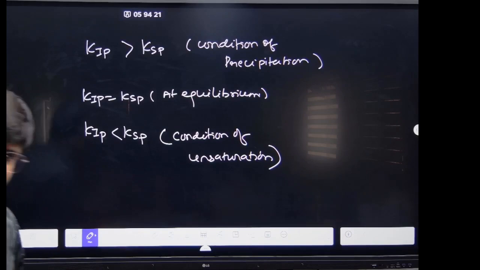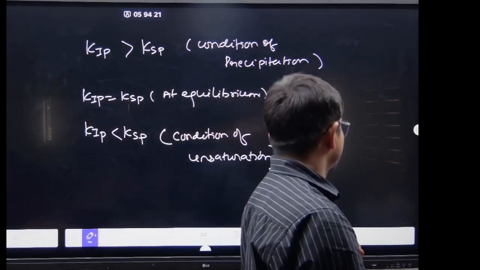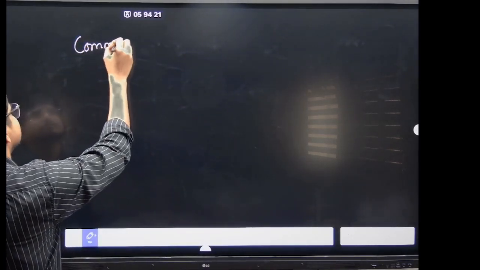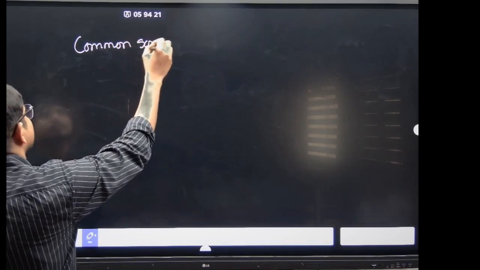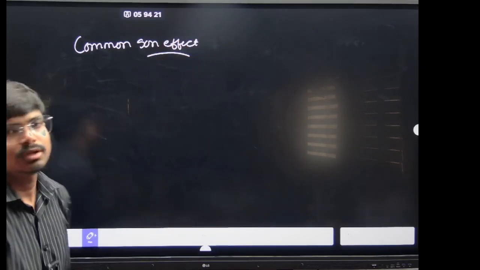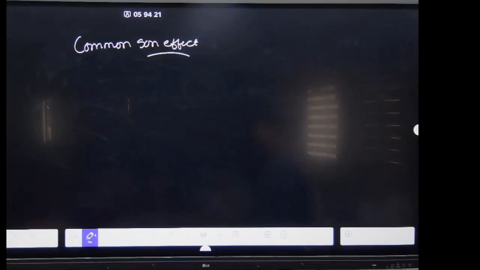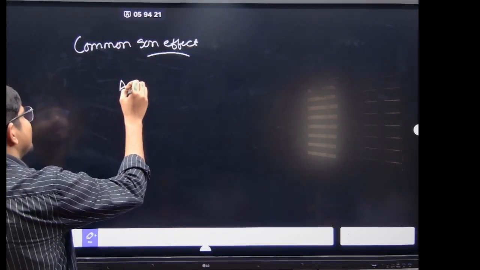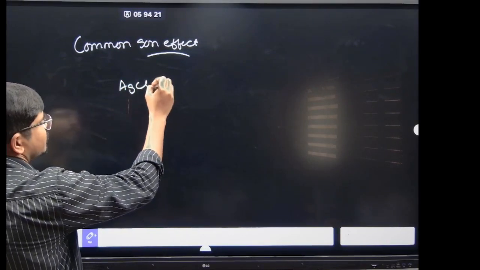This is fine. Now you see the common ion effect. Okay, so see here, you have AgCl, this is a weak electrolyte, right?